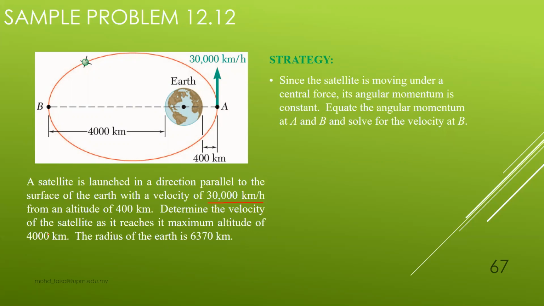Determine the velocity of the satellite as it reaches its maximum altitude of 4,000 kilometers. The radius of the Earth is given as 6,370 kilometers. Okay, so what to do?